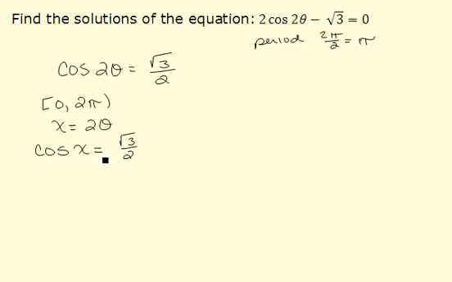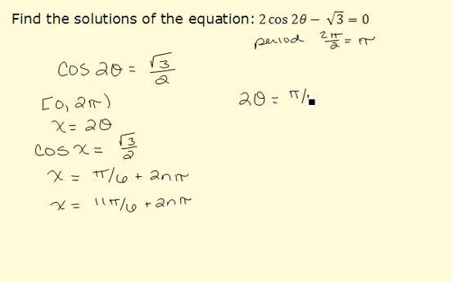We would recognize this would be in a quadrant 1 and quadrant 4 angle, where x would be equal to pi over 6, or x will be equal to 11 pi over 6, plus the period of the cosine of x. But really we wanted 2 theta, not x, to be equal to these general solutions.